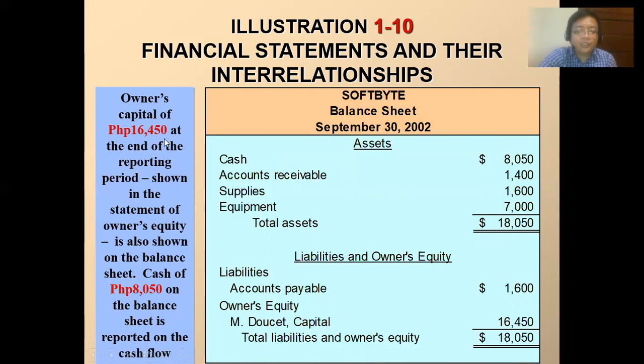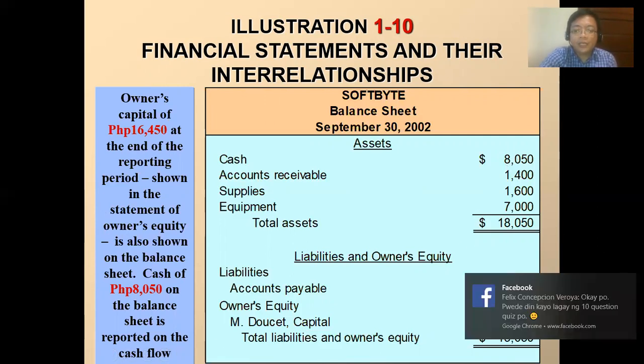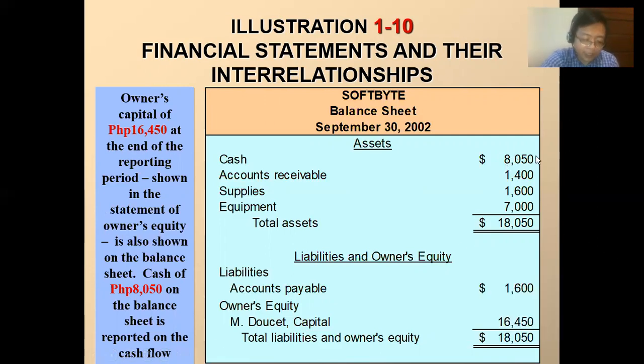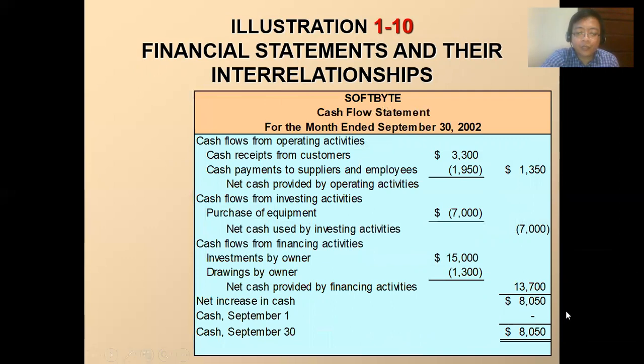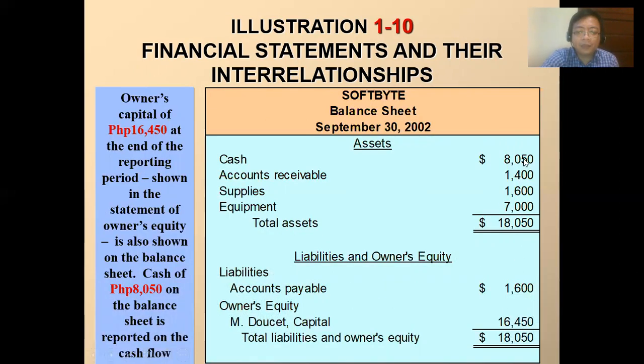So sinabi niya, no? Owner's capital of 16,450 at the end of the reporting period shown in the statement of owner's equity is also part of the balance on the balance sheet. Cash of 8,050 on the balance sheet is reported as part of the cash flow. So dapat, in terms of the 8,050, it is also very important that it is also part of this cash. So balance dapat, ha?